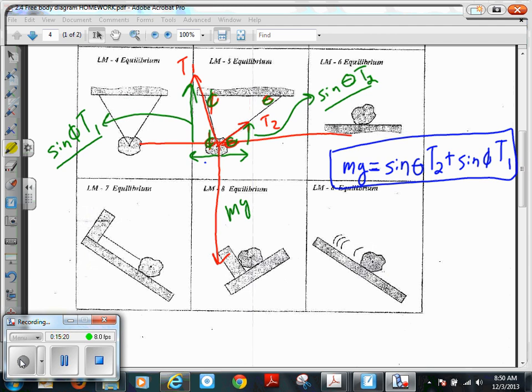Do you agree? So we can say then the cosine theta T2 is equal to, but opposite in direction, of the cosine phi T1. Okay, so now we have another mathematical description for T1 and T2.